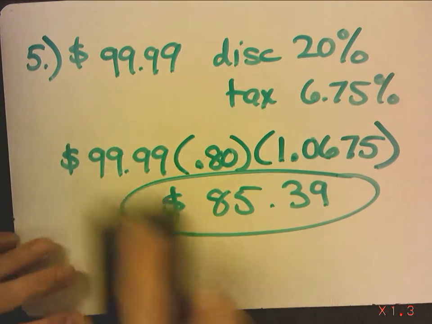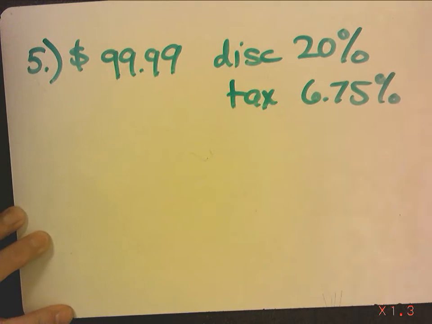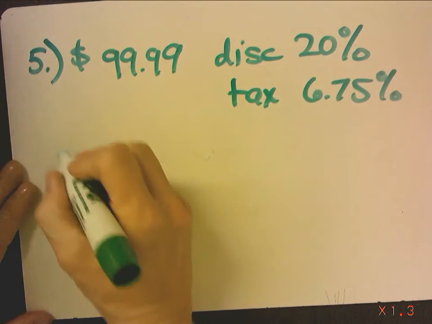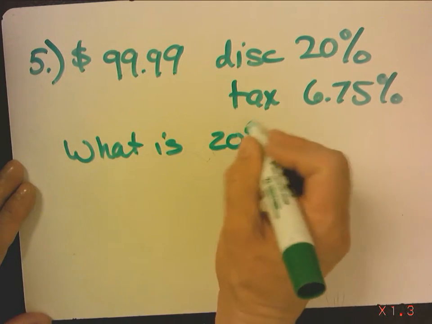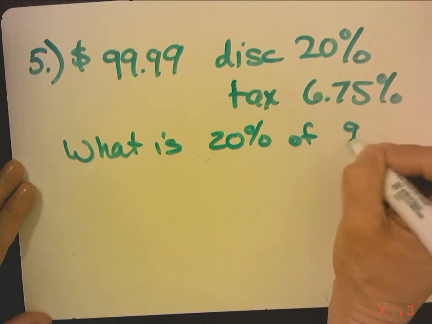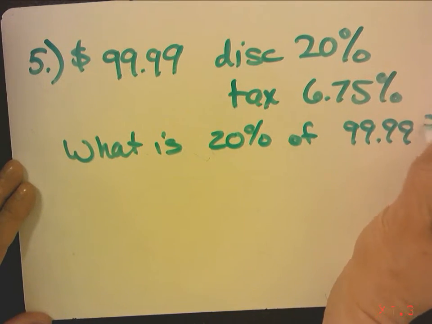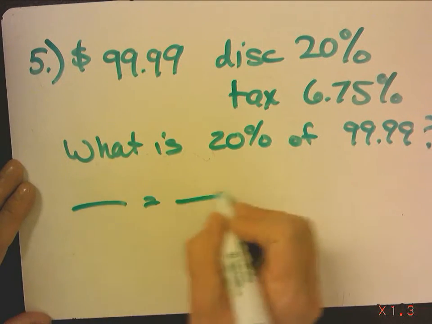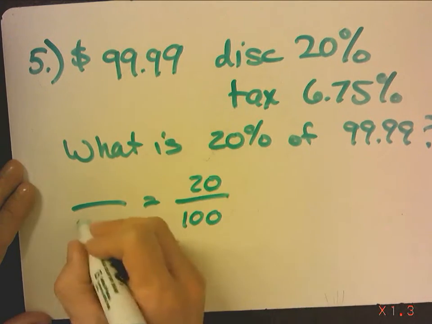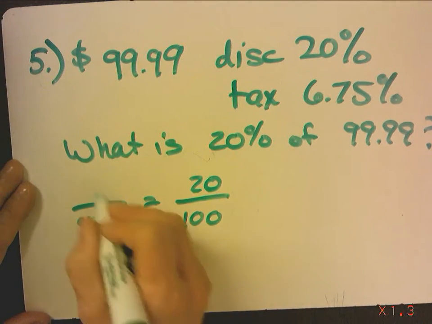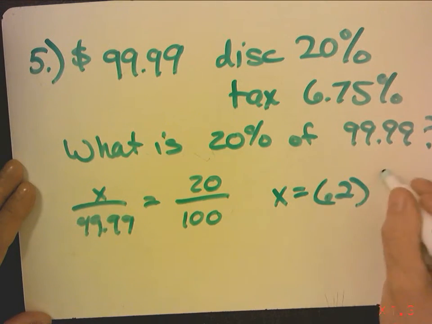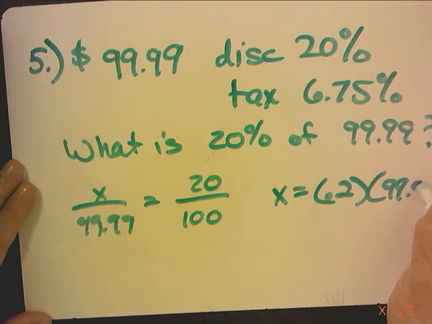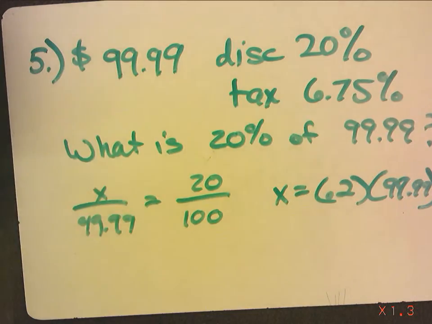So now, for those of you who don't like that method, I'll go over it a different way. You could say first, what is 20% of $99.99? So you can do that two ways, percent proportion, or x equals 0.2 times 99.99. Okay?